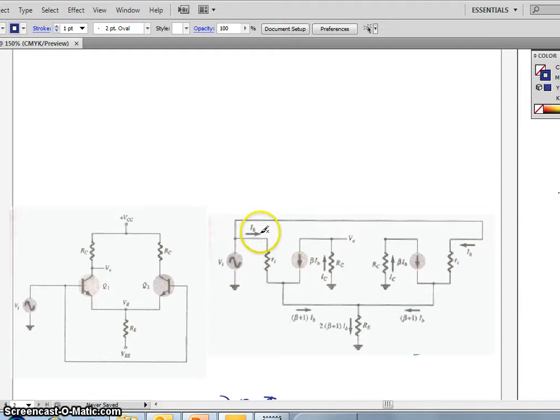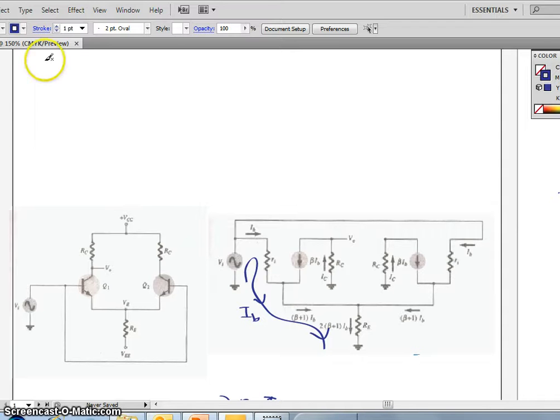First we should get IB. So we have to apply KVL over the base to emitter loop of this transistor. This is the path we are taking. The current is IB.